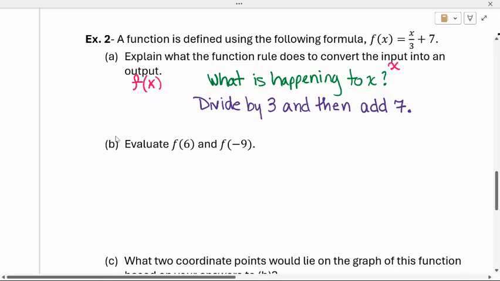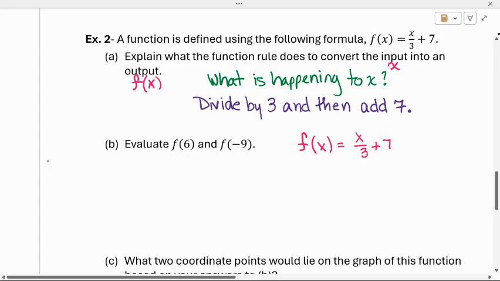So when I look at example B, it says you have to evaluate f of 6 and f of negative 9. Remember, we're using the function f of x equals x divided by 3 plus 7.